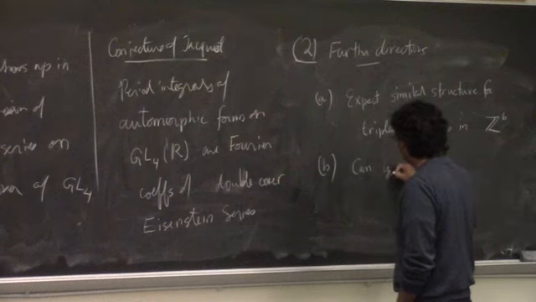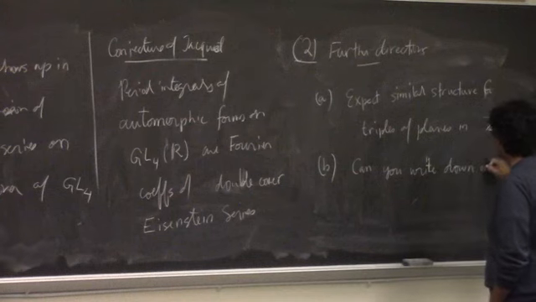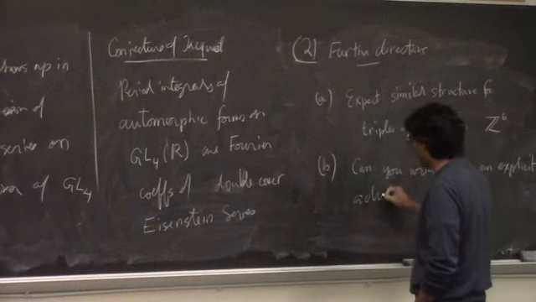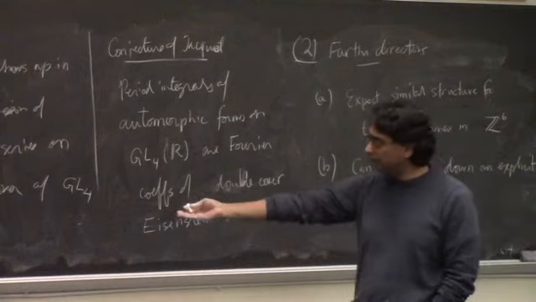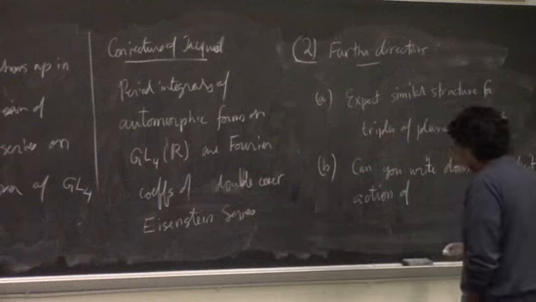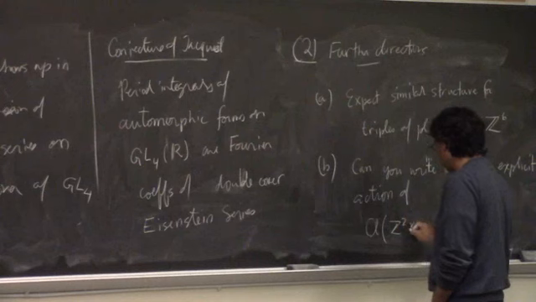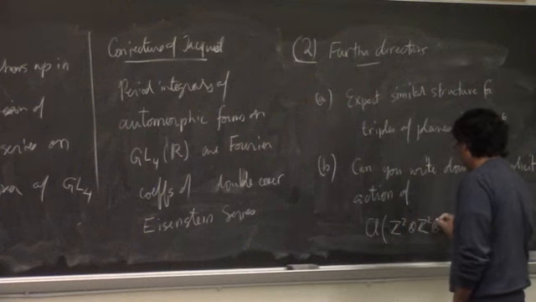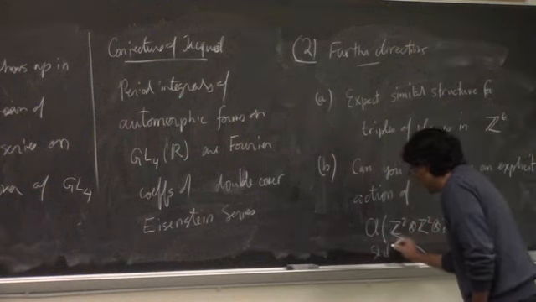Can you write down an explicit action of Pic O_K squared, Pic O_K cross Pic O_K? So Pic O_K cross Pic O_K, that's actually the class group of integral cubes modulo the action of SL2Z, 3 copies of it.